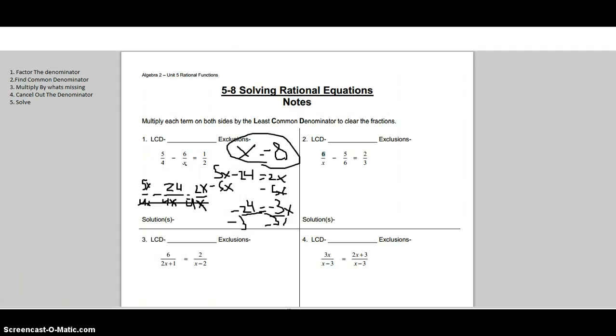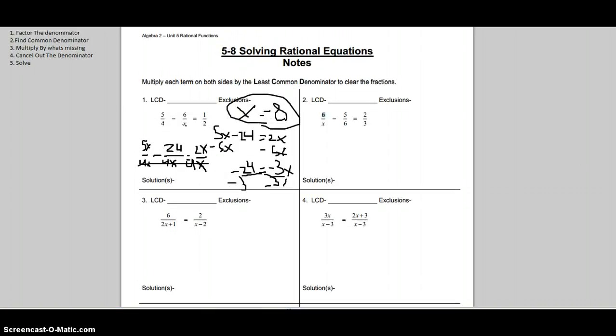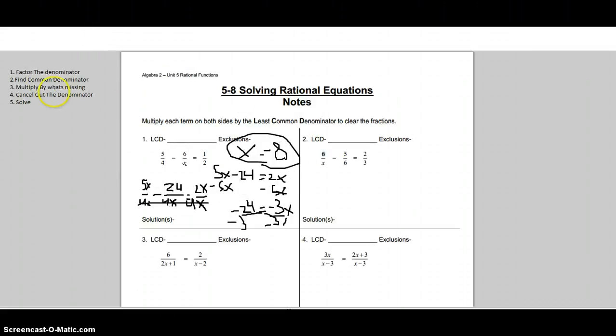So now we can move on to number 3. We'll come back to number 2. Okay, so number 3, if I can move this down. Okay, there you go.